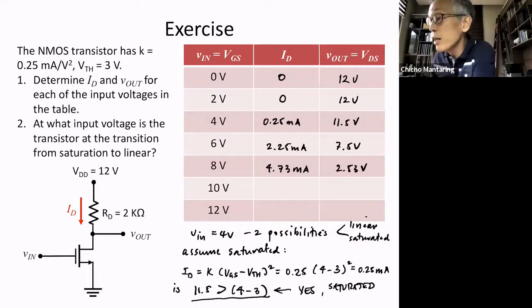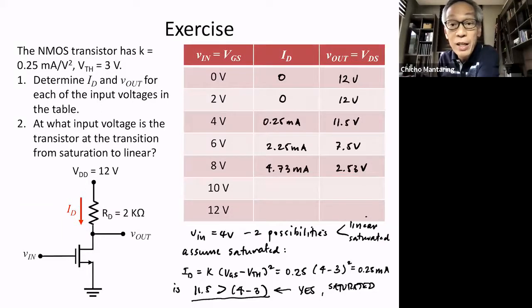Now, with regard to the earlier question, I think there was a question, what happens at 3 volts? Well, 3 volts is the other transition. No? 3 volts is when it transitions from being cut off to saturation, because when Vin is less than 3 volts, the current is equal to 0.